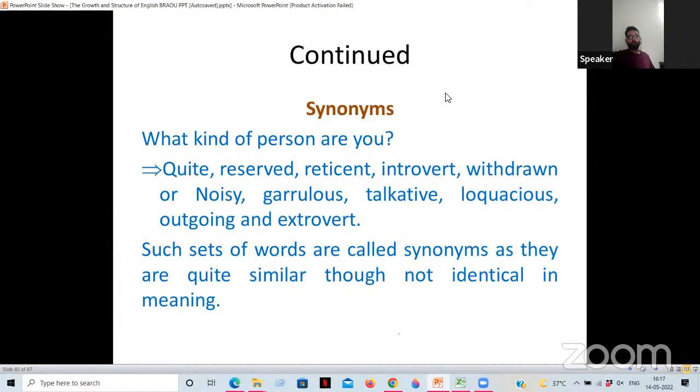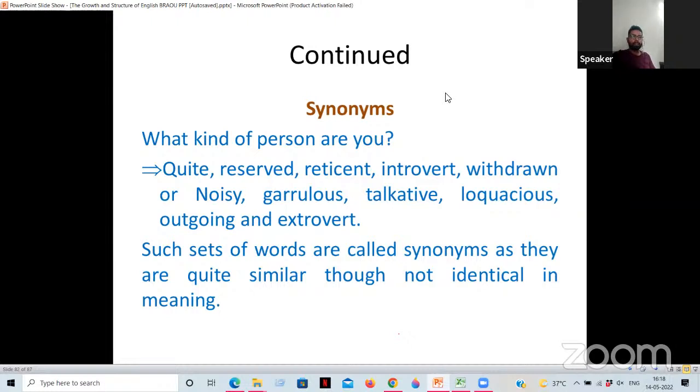Now all the words in this set have quite similar meanings. Quiet means reserved, reserved means reticent, reticent means introvert, introvert means withdrawn. But though they are quite similar, they are not identical in meaning. They do not mean exactly the same as the earlier word, but yet they mean the same thing to some extent.